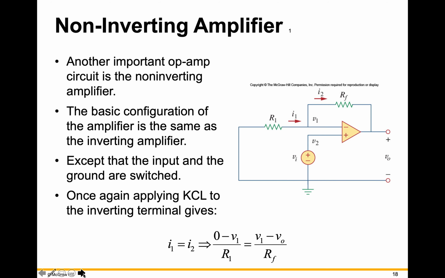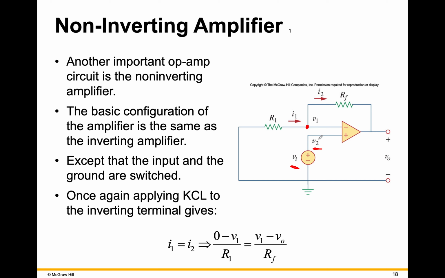This is another example. This is how you would construct a non-inverting amplifier. We can analyze this in exactly the same way by applying KCL right here. The difference here is that this voltage V2 is not grounded. It's actually set equal to some input voltage.